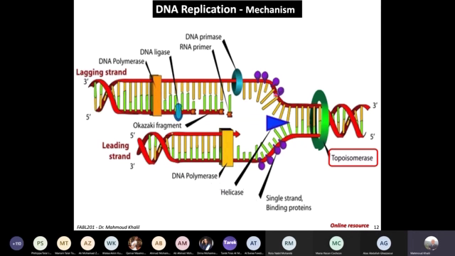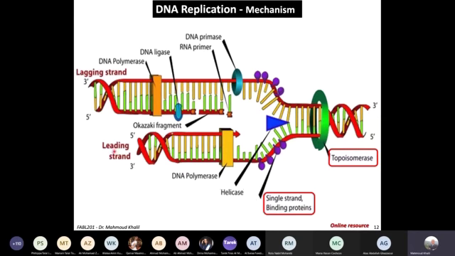Once the DNA has been melted into single strands, there is another important set of proteins called single strand binding proteins. These help so that the single strand DNA doesn't re-anneal and bind to each other again.